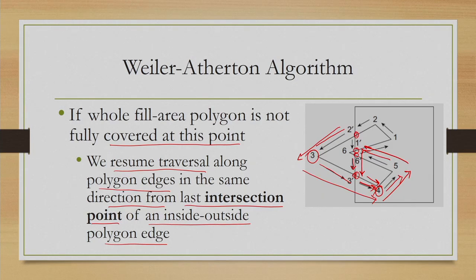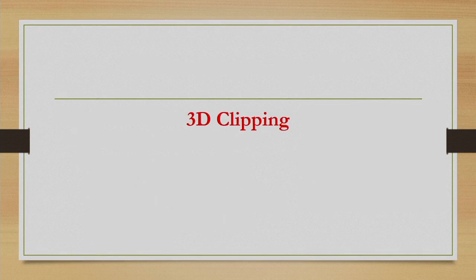Then we get this remaining portion of the clipped area also, just like the way we got it earlier. So, that is how Weiler-Atherton works. We discussed 2 algorithms, one is Sutherland-Hodgeman, one is Weiler-Atherton.